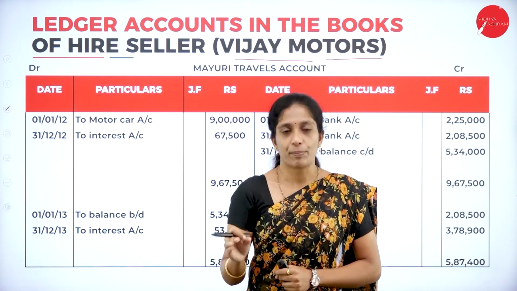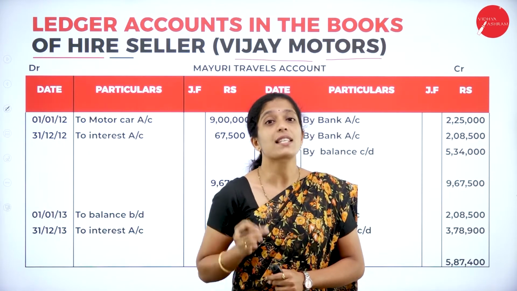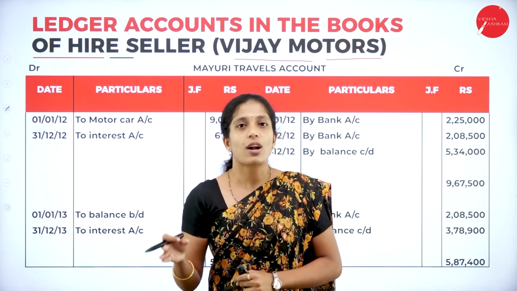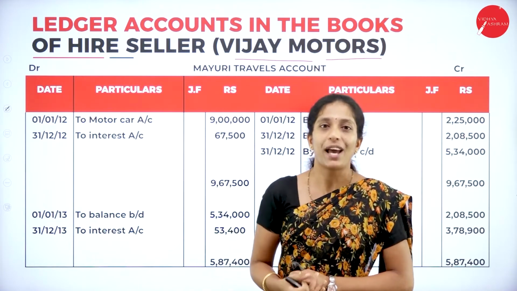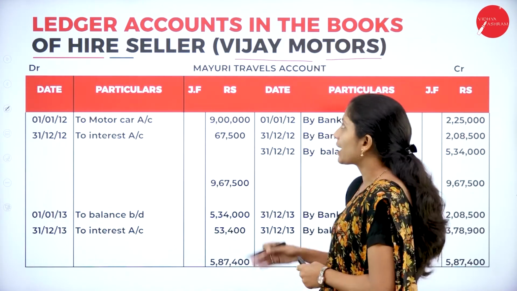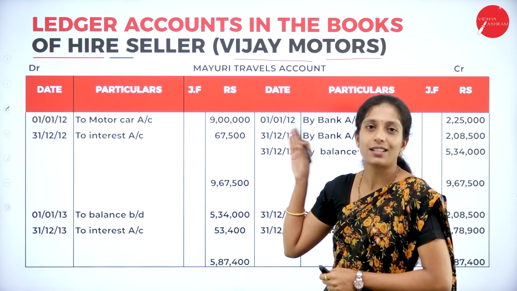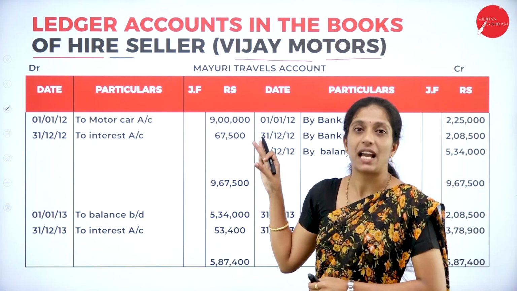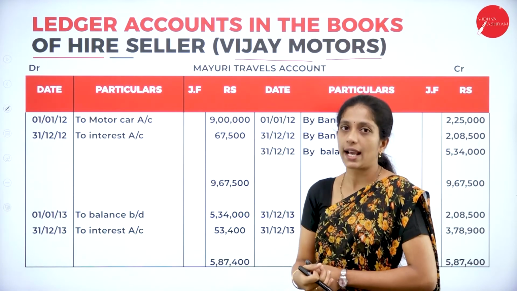So no need to prepare depreciation account as well as asset account. Once the asset has been sold, since the asset is not there in the business, no need to prepare asset account. Only two accounts are prepared, that is hire purchaser's account as well as interest account. This type of simple problem can be asked for 10 marks in your examination.